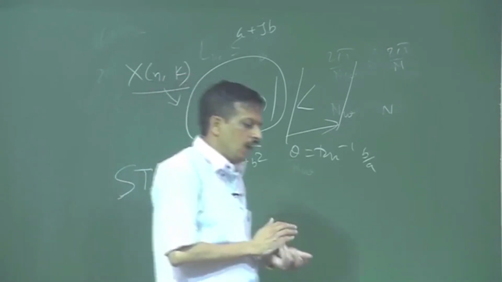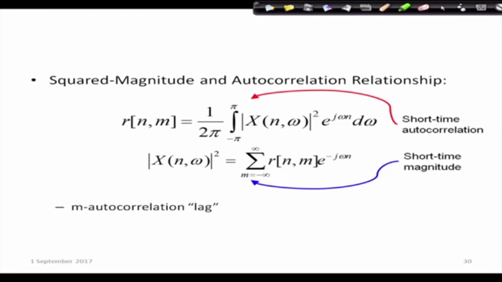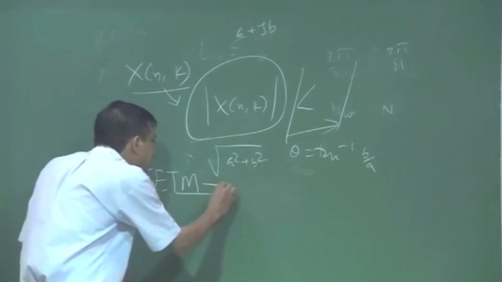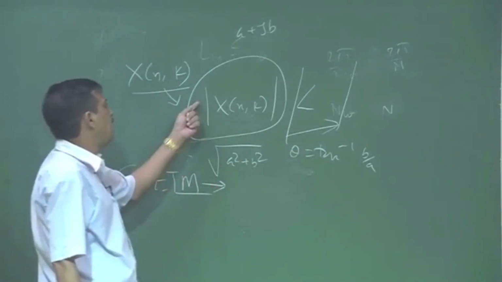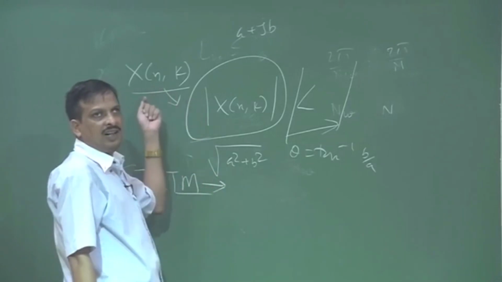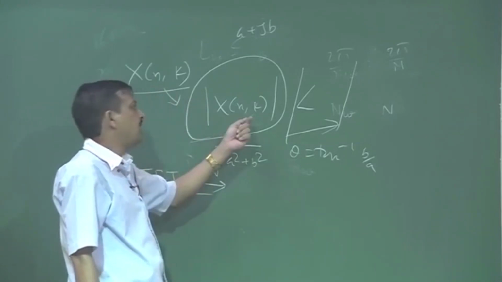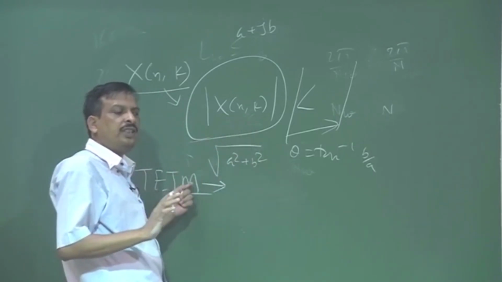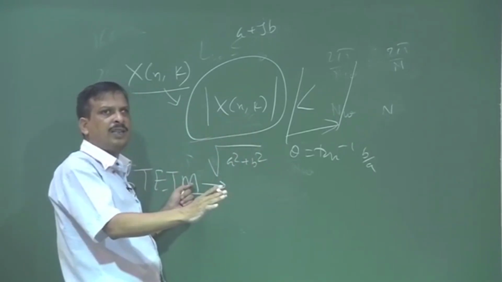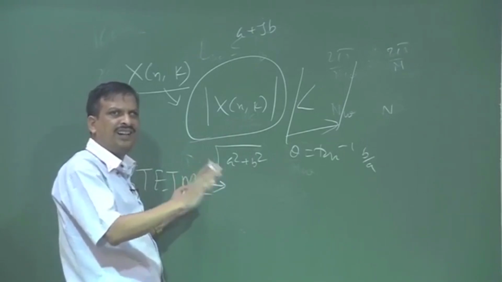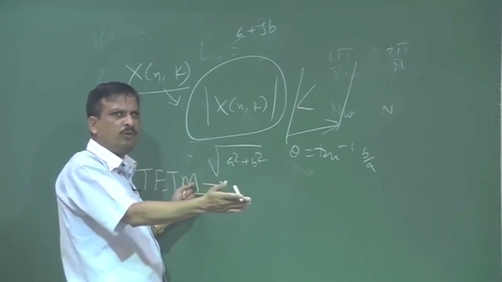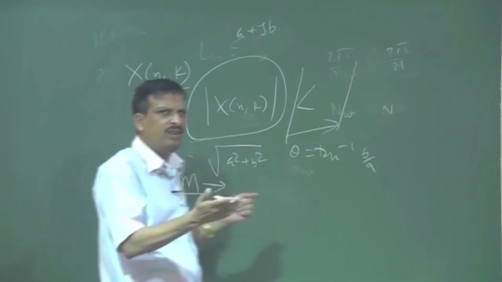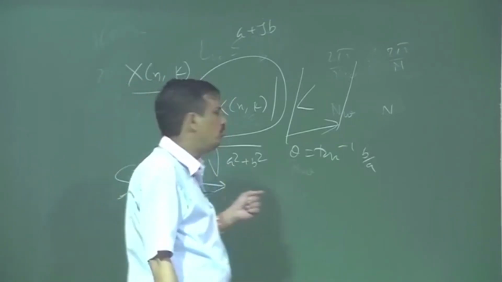I am not going into the detailed mathematics of STFTM synthesis. STFTM analysis is that I do the same analysis and calculate the magnitude part. The analysis part is okay. For the synthesis part, detailed mathematics is available, but I am not going into that. You can go through the books and find out the details.